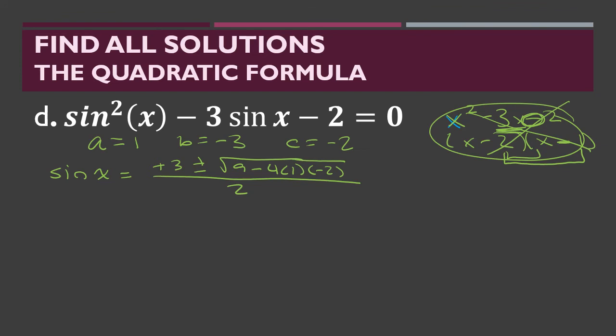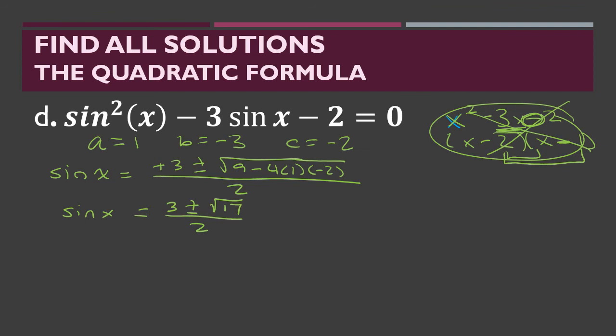And I don't have a calculator with me, so I'm going to just work this by hand real fast. So sine of x equals 3 plus or minus the square root of 9 plus 4 times negative 2 is going to be positive 8. So the square root of 17 all over 2.